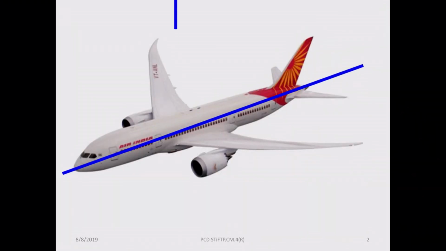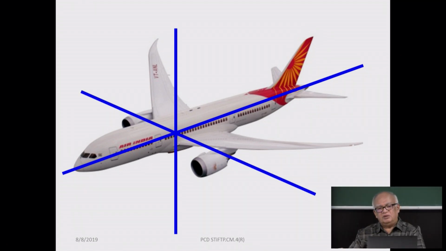So you need this whenever, for example, you have a plane flying and you want to turn it on its flight. It has to turn about various alternative axes, and there are three orthogonal axes about which you can turn the plane.